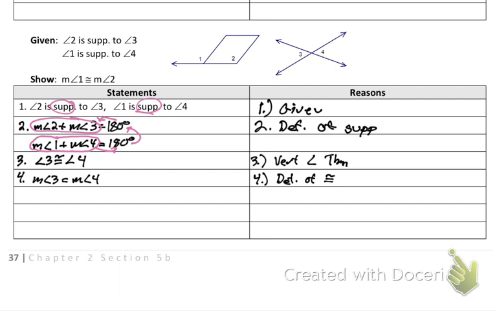What property lets me go this equals this equals this, and that equals that? Transitive property. So by the transitive property, I can now write an equation that says something like measure of angle 1 plus measure of angle 4 equals measure of angle 2 plus measure of angle 3.